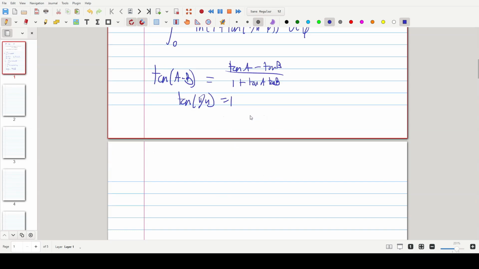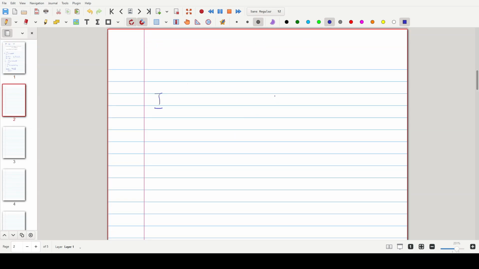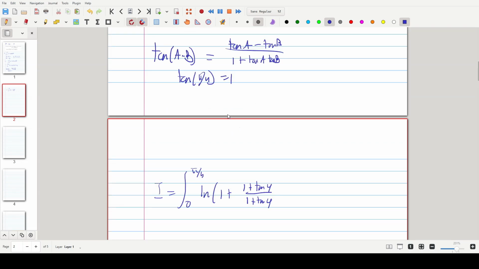So rewriting our integral using that, we get the integral from 0 to pi over 4 of ln(1 plus (1 minus tan phi) over (1 plus tan phi)). No, it's 1 minus tan phi on top.